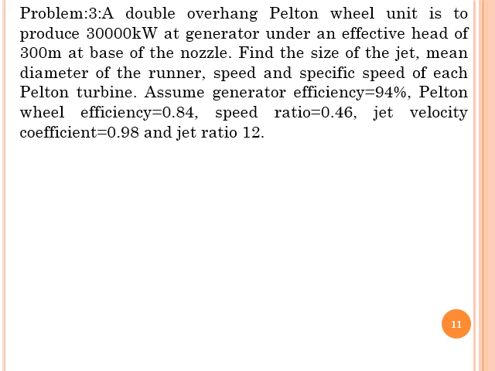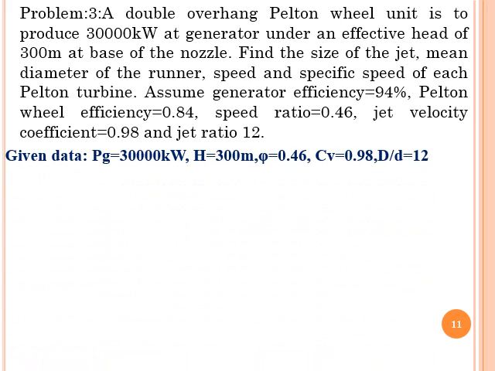So now write the given data here. Here power developed by the Pelton wheel turbine is 30,000 kilowatt. The head available is 300 meter. Speed ratio 0.46. Velocity coefficient C of V is equal to 0.98. Jet ratio D by d is equal to 12.